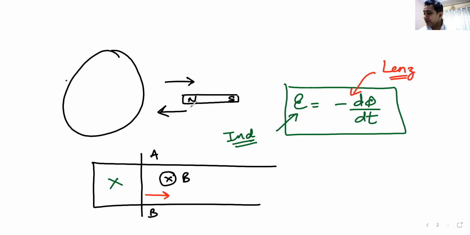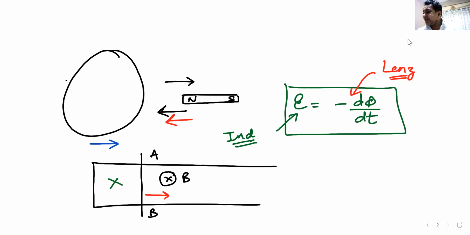For example, in this case, when the magnet is getting close to the loop, induced EMF will be such that it will try to get the magnet away from the loop. So the direction of induced EMF or induced current will be such that it opposes the motion of this magnet which is coming close to it. So it will try to repel it.